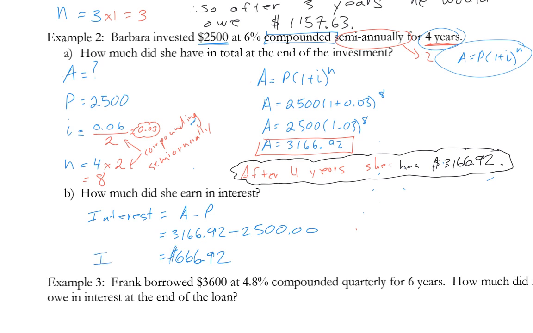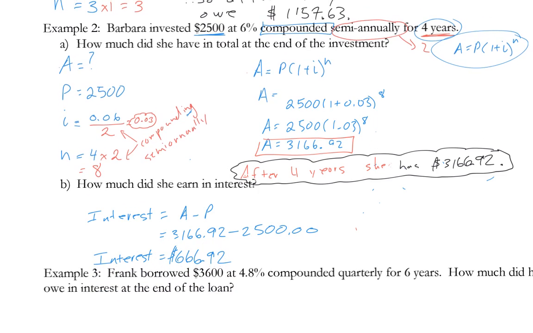And that is what our interest is. So if you wanted, you could write, therefore, the interest she earned is $666.92. And so now let's move on to the final question of the day.